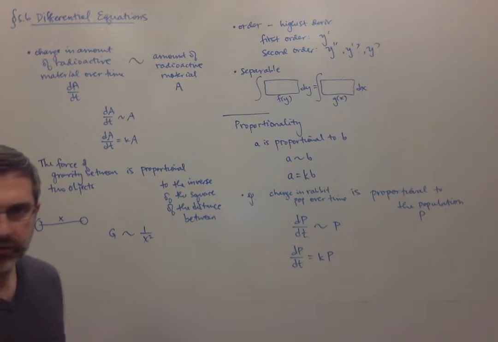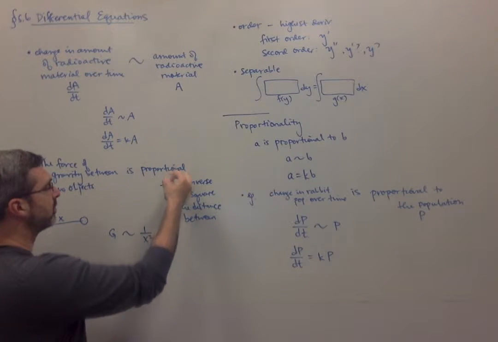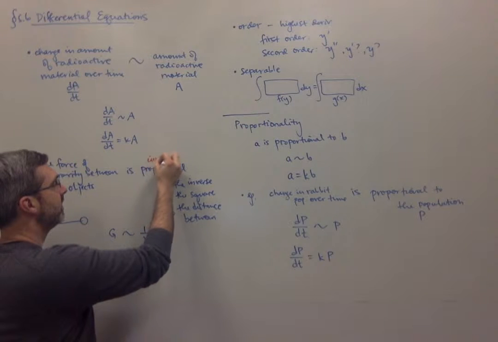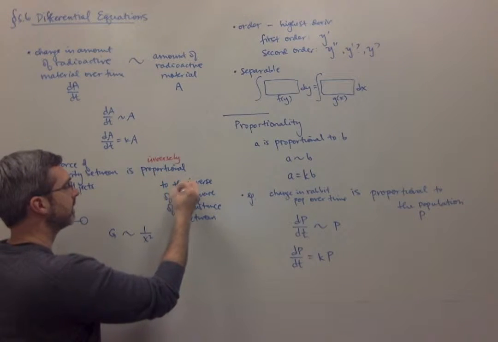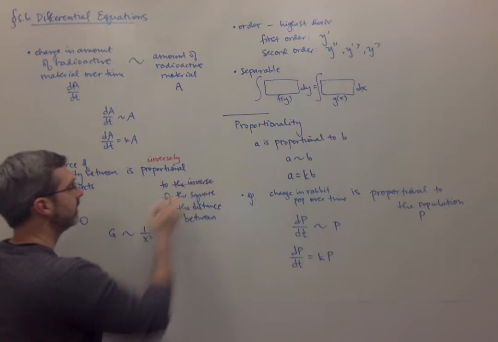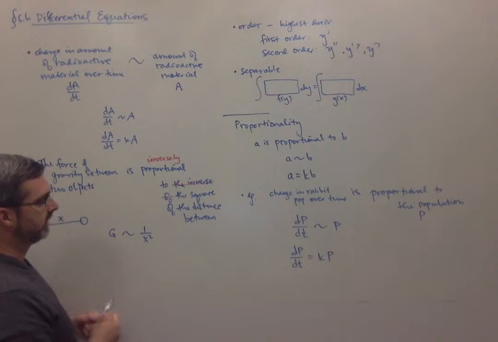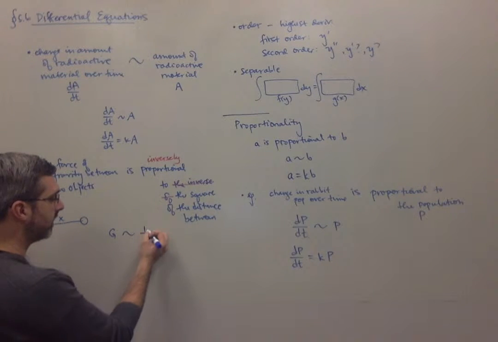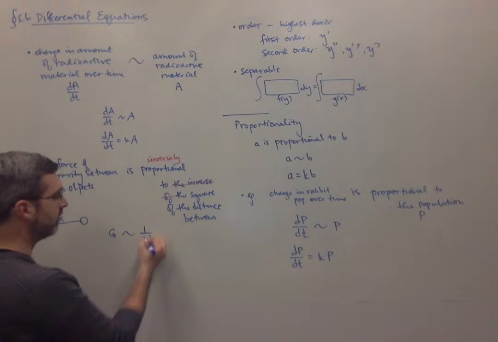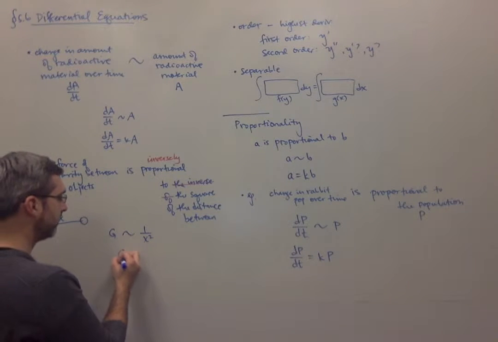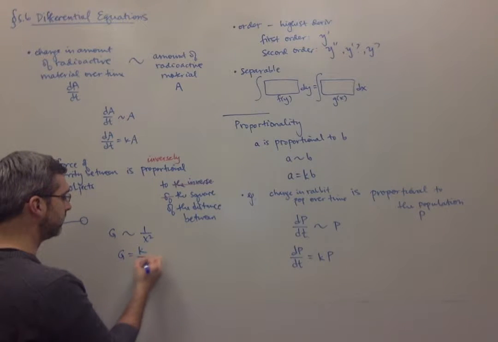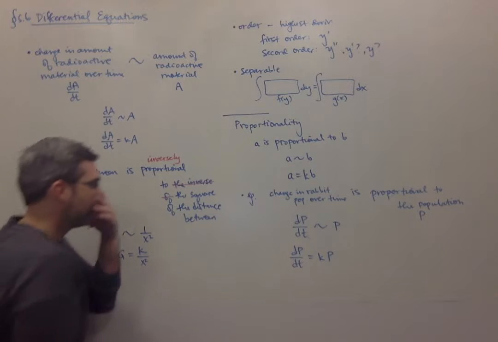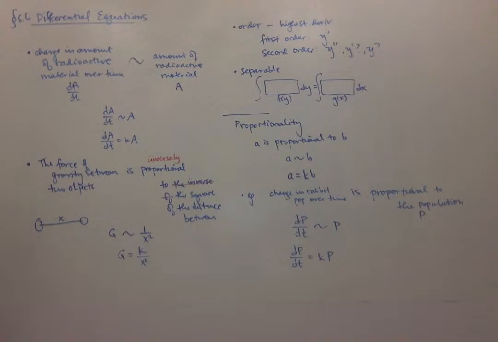Sometimes when we talk about this, instead of saying it's proportional to the inverse, we'll say it's inversely proportional to the square of the distance between them. So you can either say it's proportional to the inverse or it's inversely proportional to the square, and all that means is it's proportional to 1 over that. So in other words, the force of gravity is some constant times 1 over x squared. That actually turns out to be true, and when you study physics, you'll get into that a little more, okay? So that's the idea of proportionality.